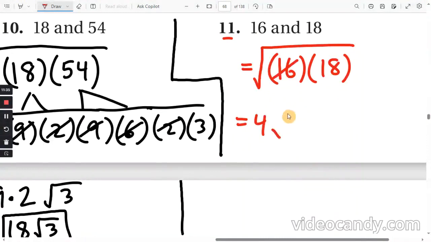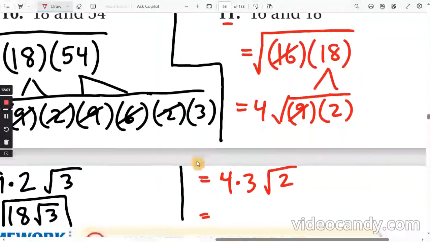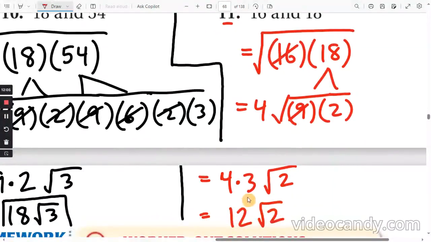And 18 is the same as 9 times 2. So we keep the 4 outside. The square root of 9 is just 3. And underneath the radical, the only thing left is a 2. 4 times 3 is 12, and we're left with radical 2.